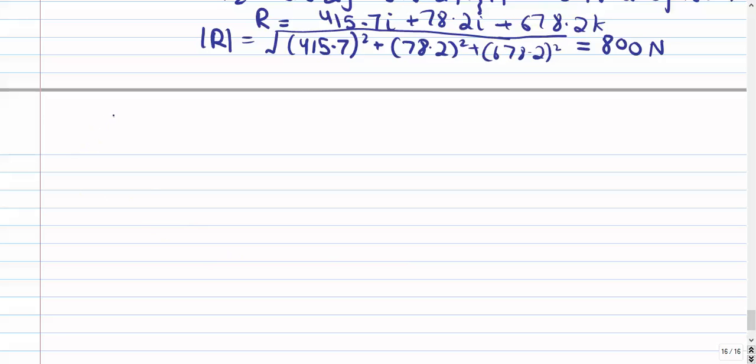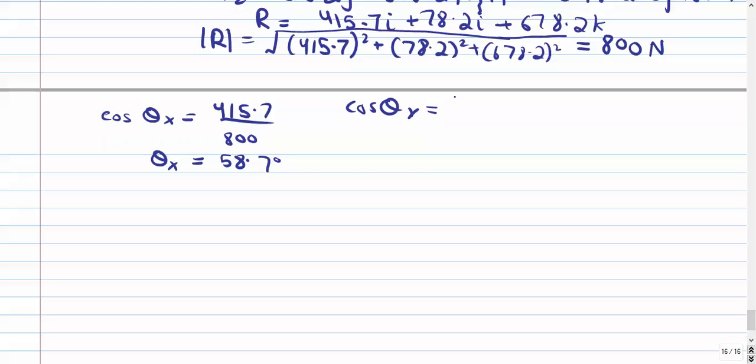So we're going to use the coordinate angle formula, that is cos of theta x is equal to the component in the x direction, which is 415.7, divided by the magnitude of the resultant force, which is 800 newtons. And for theta x, we get 58.7 degrees.